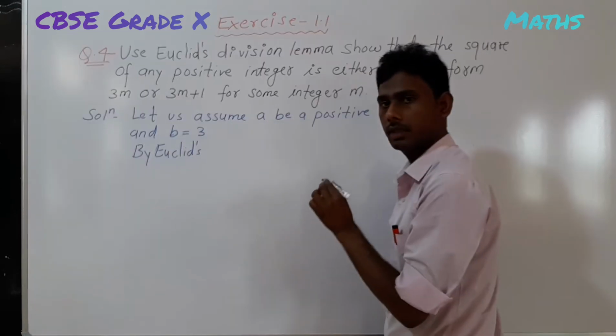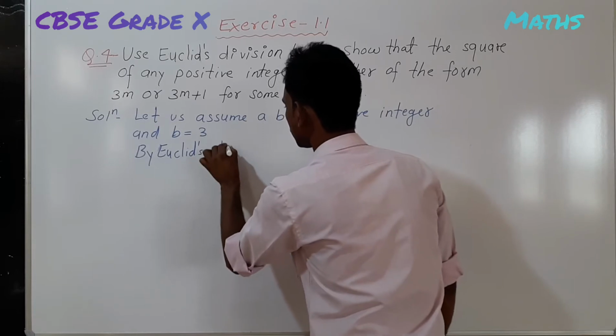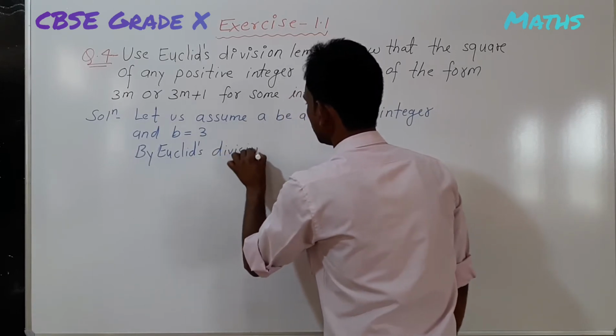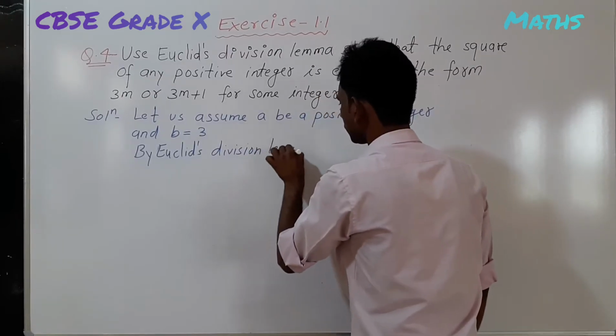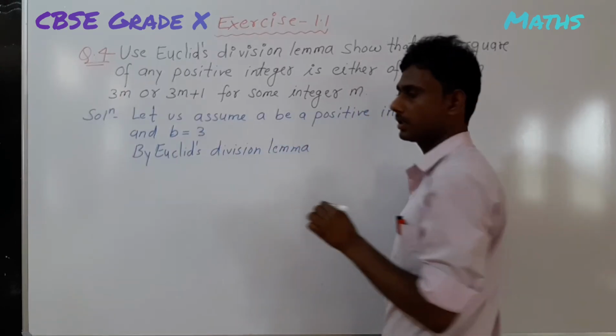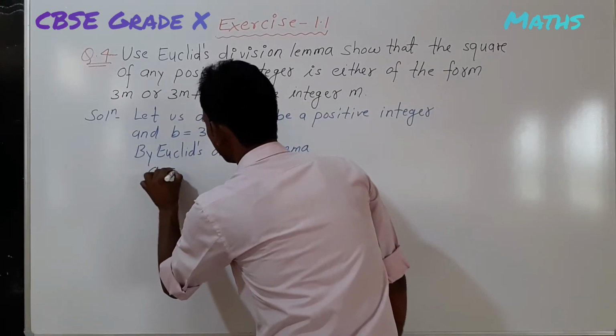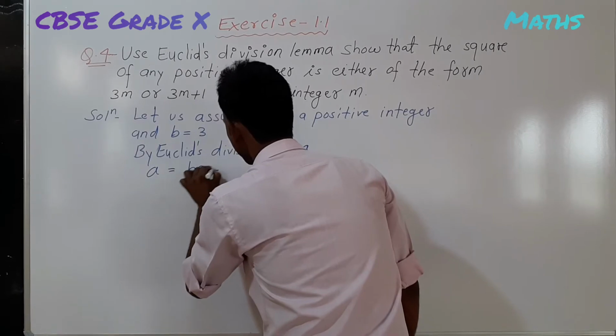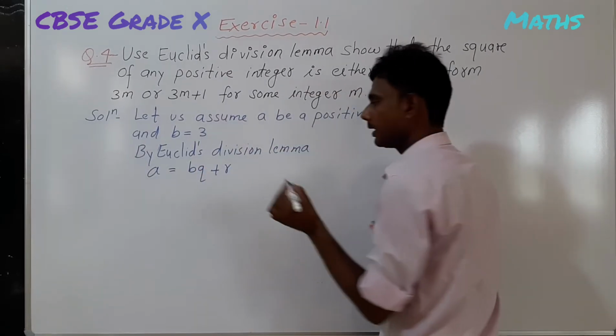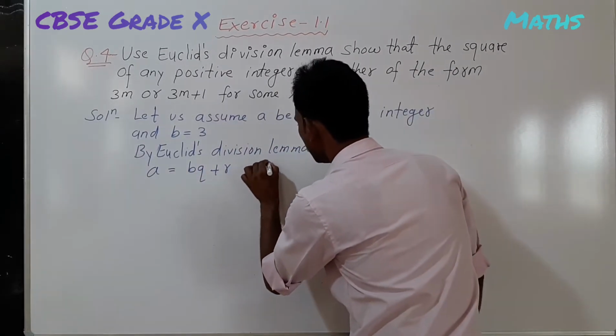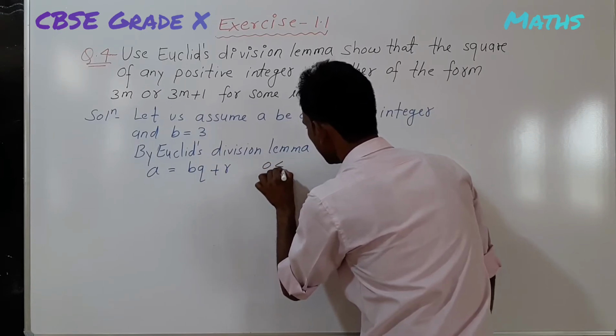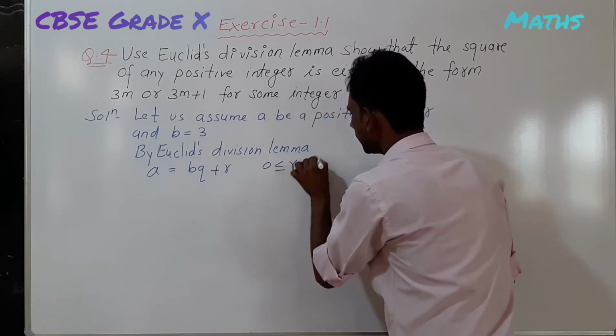By Euclid's division lemma, we know that a equal to bq plus r. Here r is 0 less than or equal to r less than b.